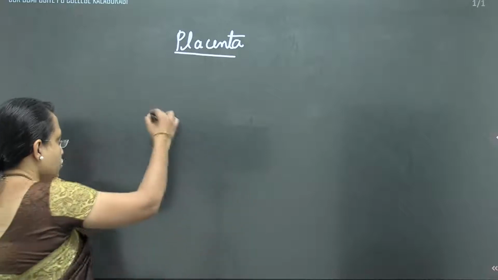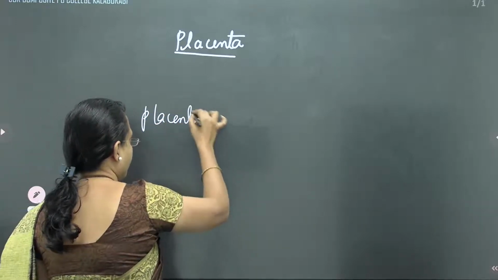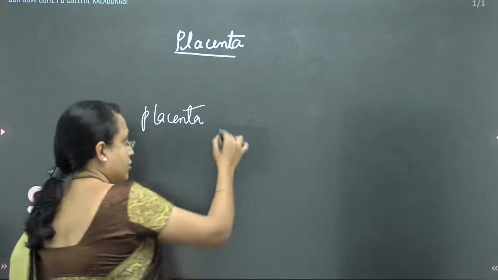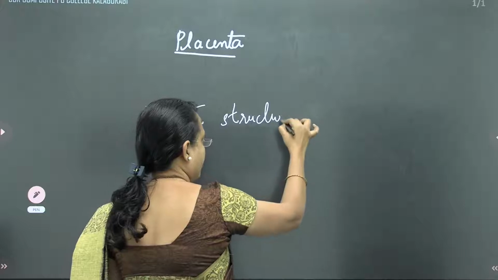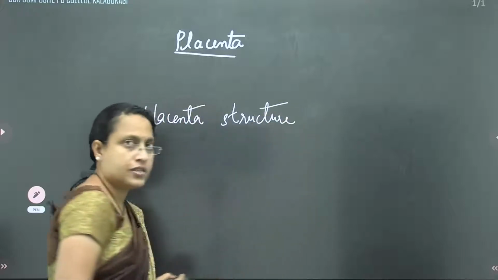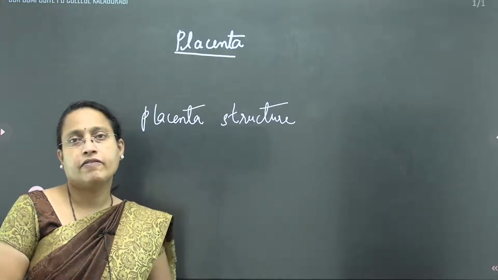So placenta has two parts. Placenta structure is formed by both the maternal part as well as the fetal part.